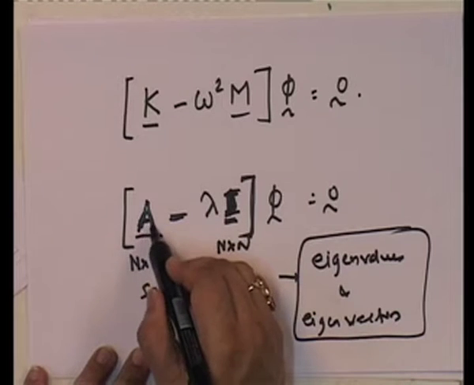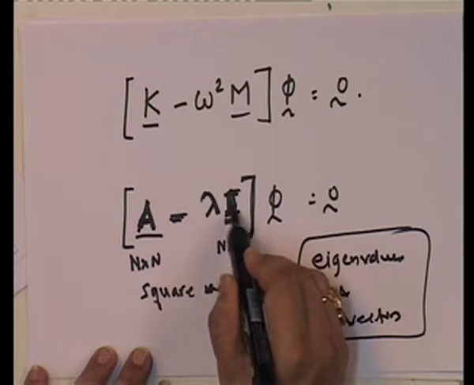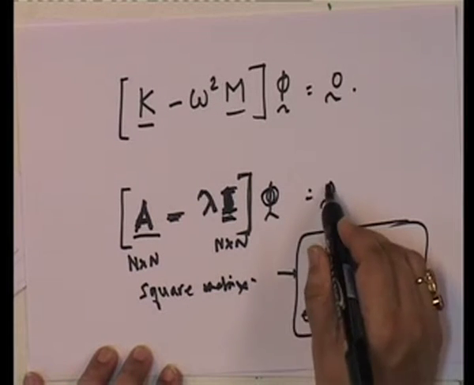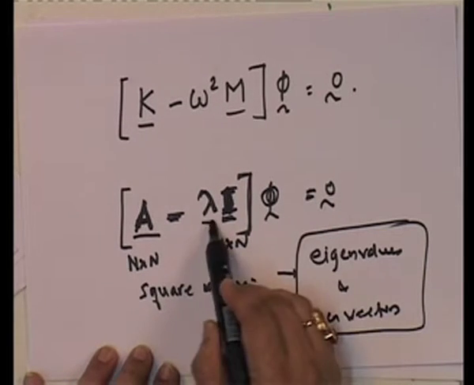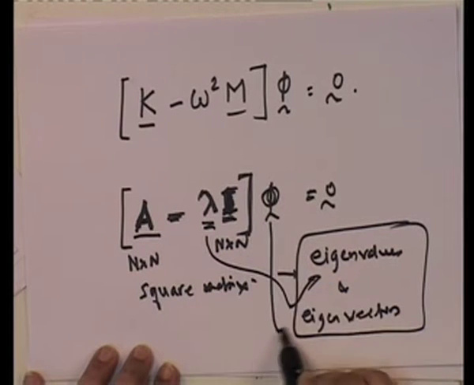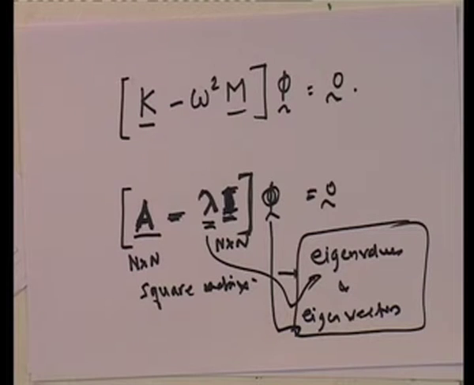These were found by solving A minus lambda I, where I is the identity matrix, into phi is equal to 0, where lambda is the eigenvalue and phi is the eigenvector of the matrix A.